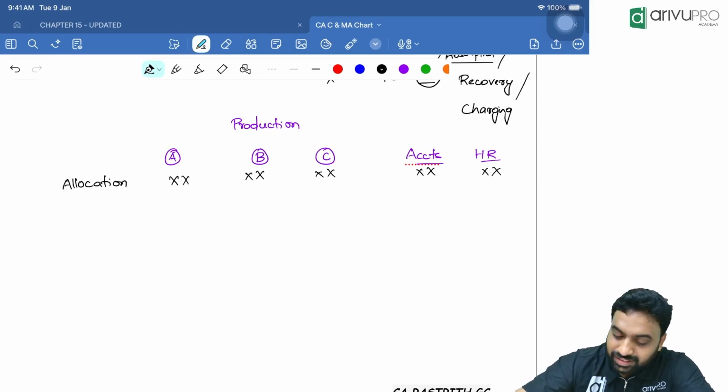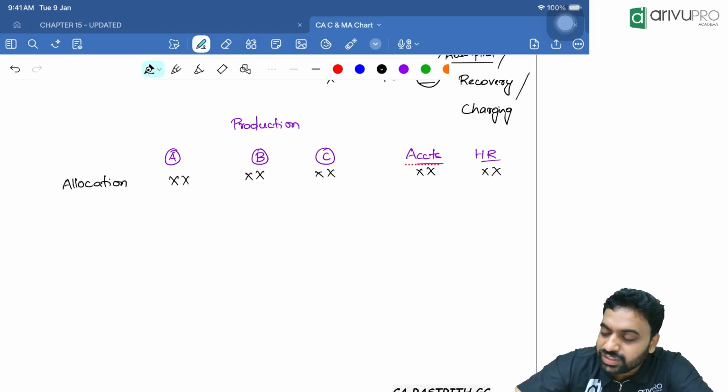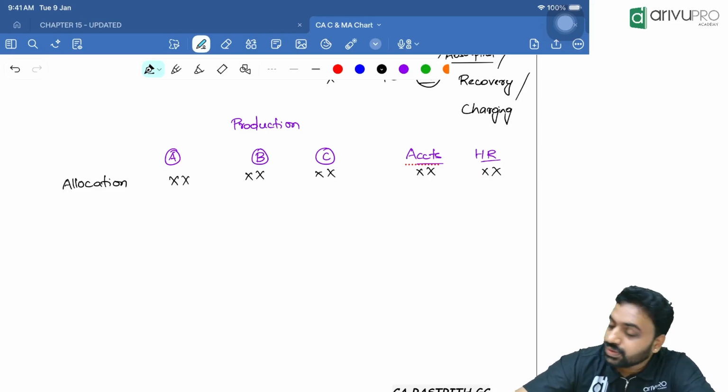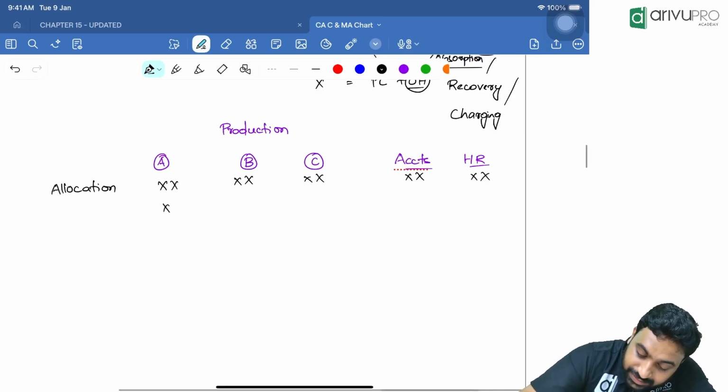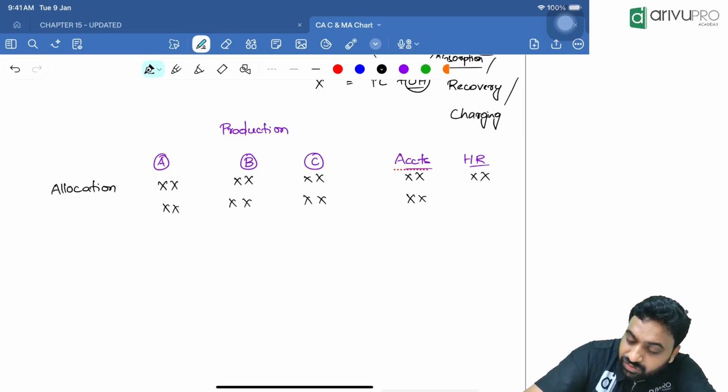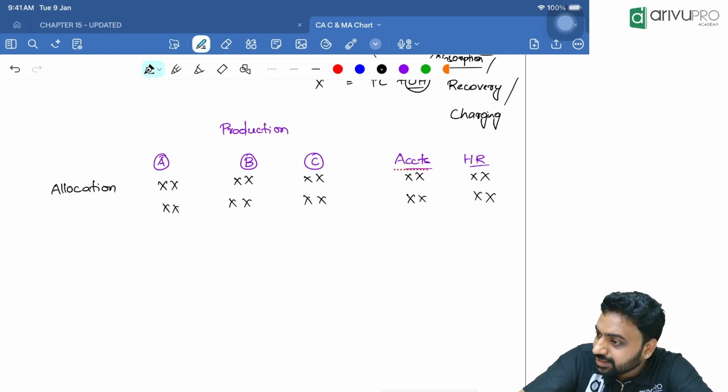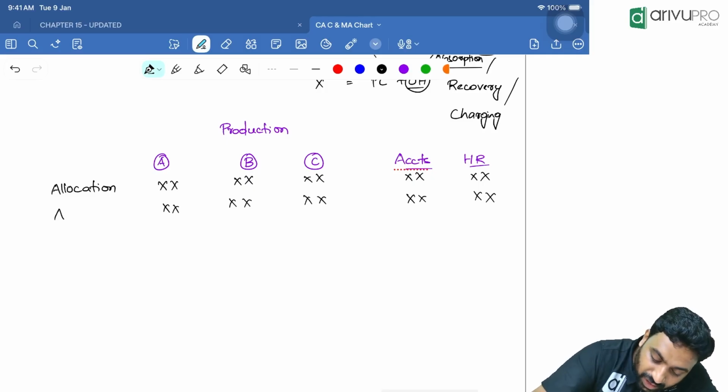Now, can you charge rent only to department A? Can you charge only to department B? No. Now, rent on some basis, floor area basis, or light points basis, like that, I'm going to divide between different departments, that common expense. Now that activity we call apportionment.